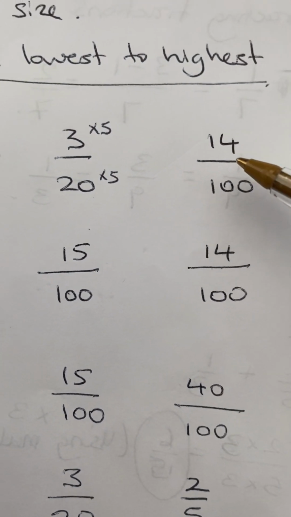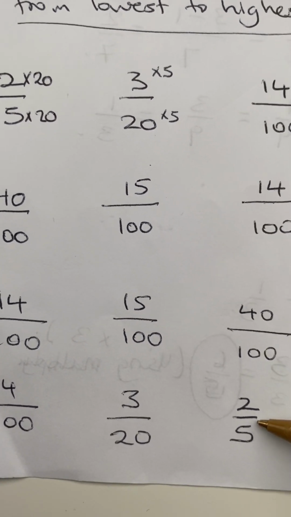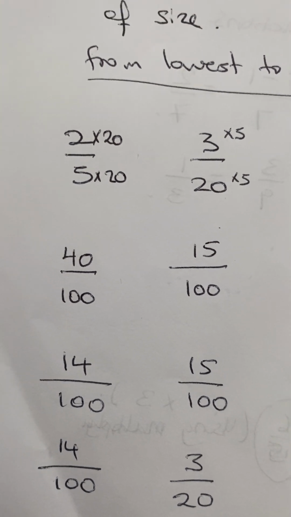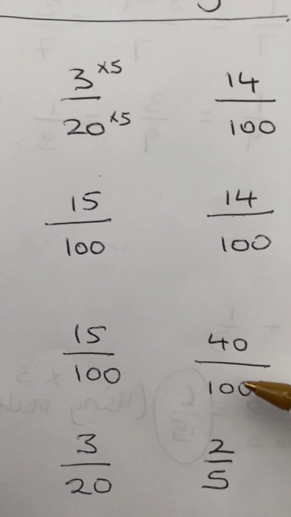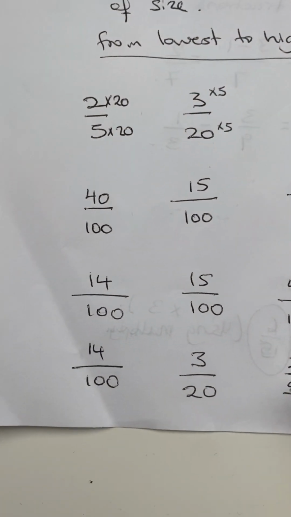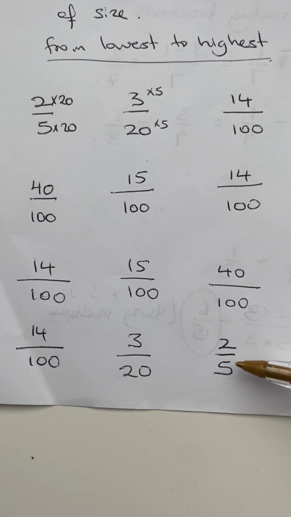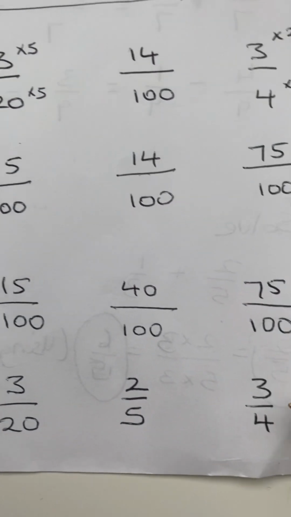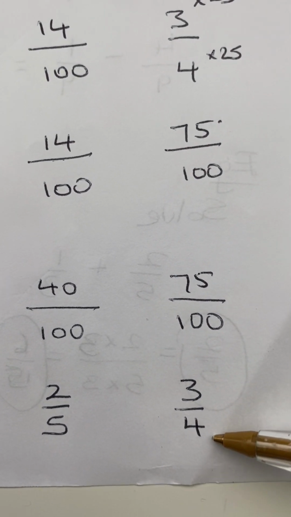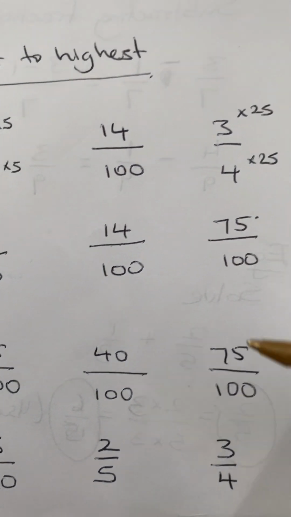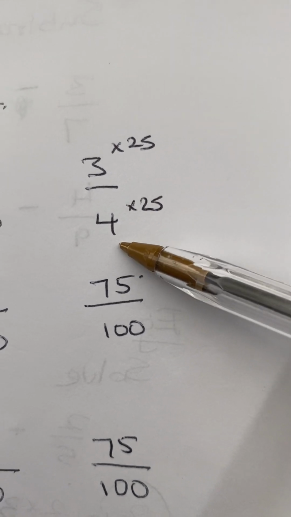Now the third one is 2 over 5, which we got from 40 over 100. Then the last one is 3 over 4.